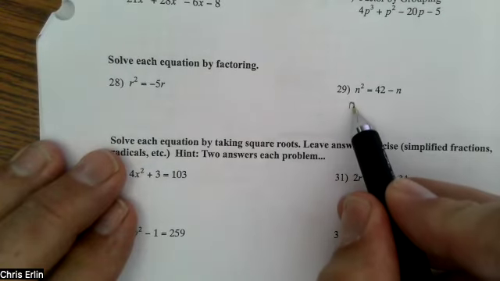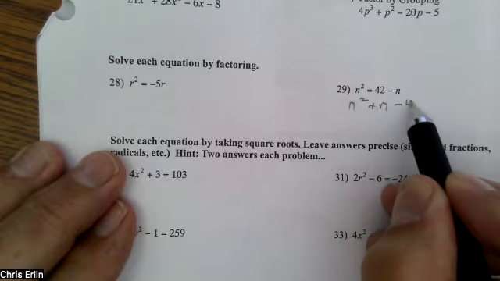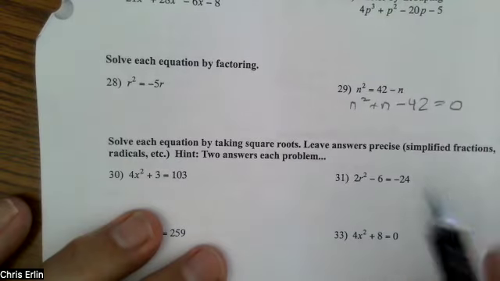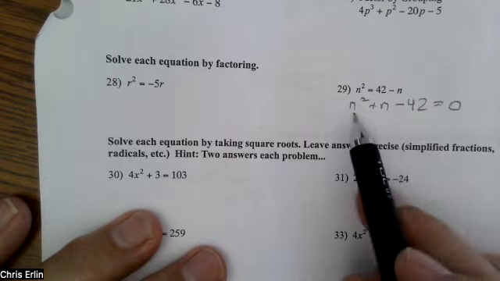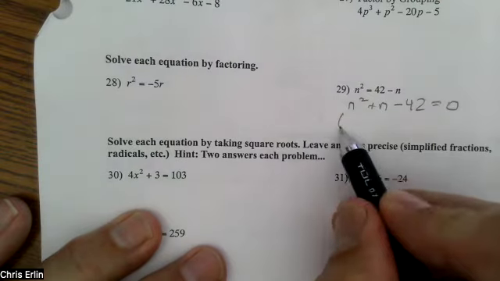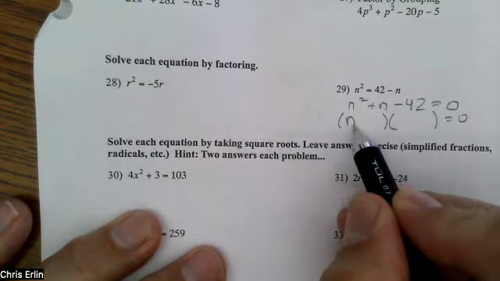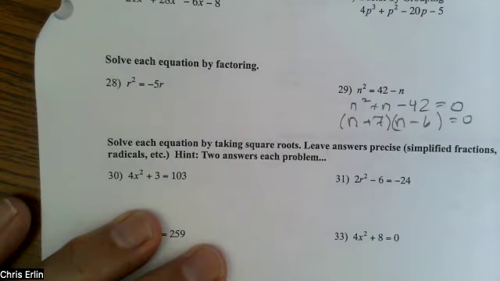I'm going to move it all over here: n squared plus n minus 42 equals 0. I look at what kind of problem this is. This is a quadratic trinomial, so I can do that diamond problem. I've done this enough times now that I'm pretty fast with this. I know this is going to be n plus 7, n minus 6.